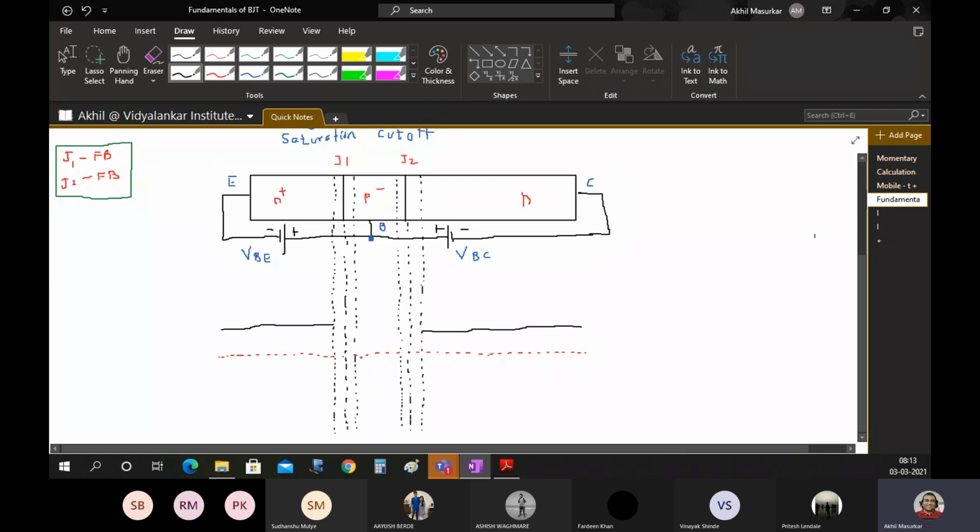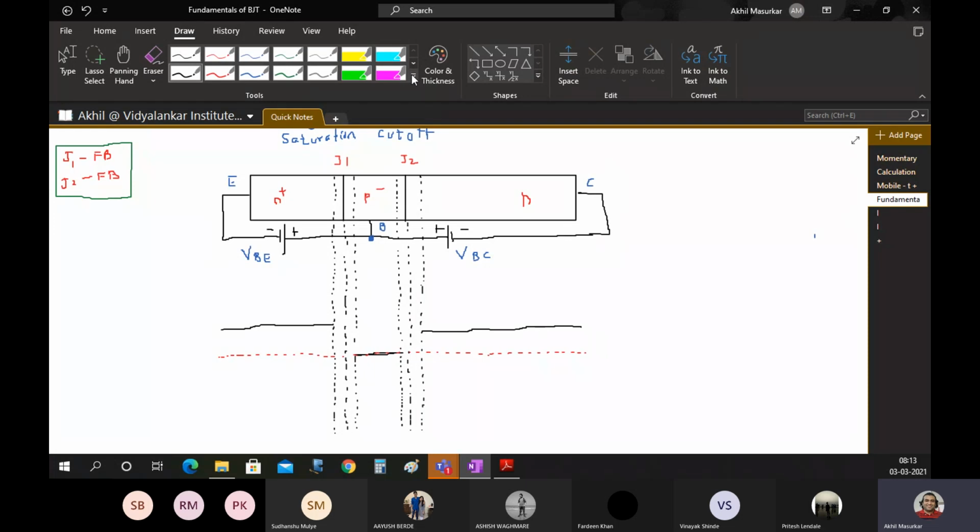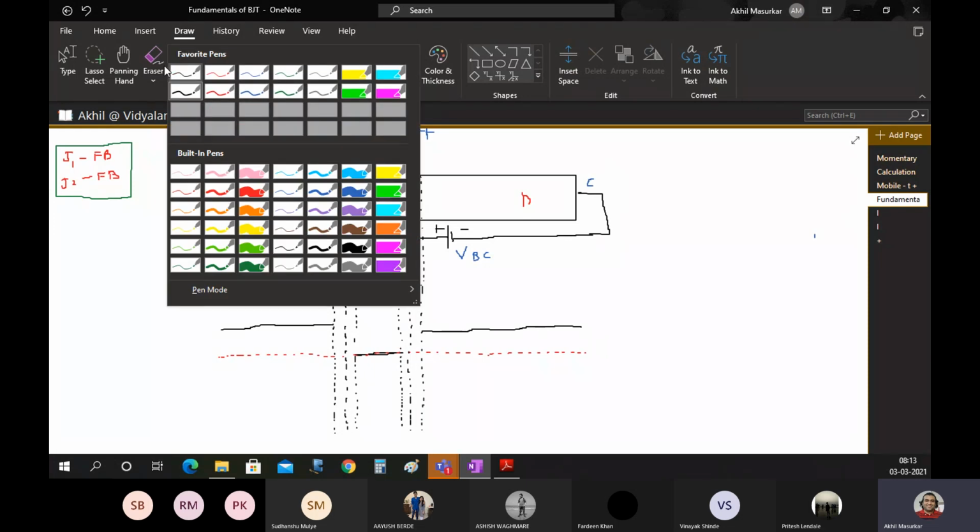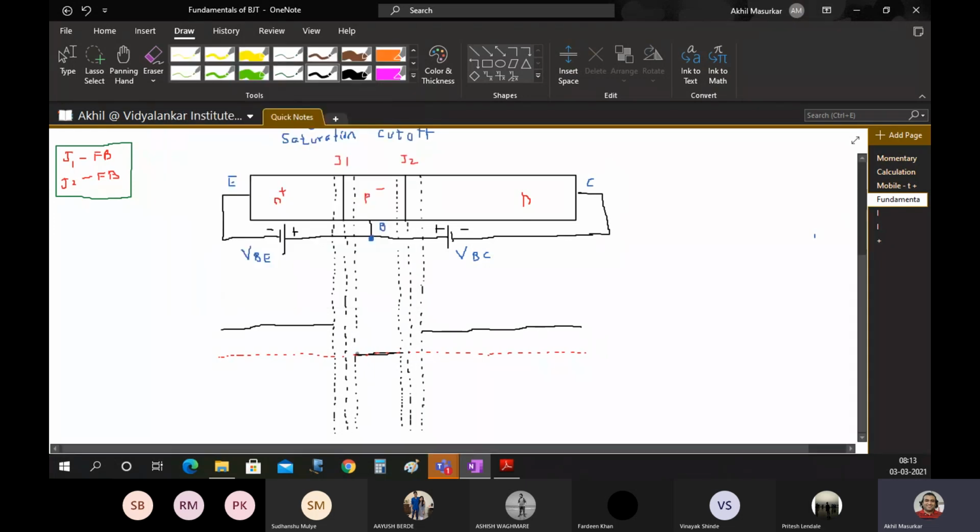Now, what is constant? Base Fermi level, we are assuming it to be constant. So that is what we are assuming, that base Fermi level is constant. And what we have drawn is the EFP. So this is actually the EF.